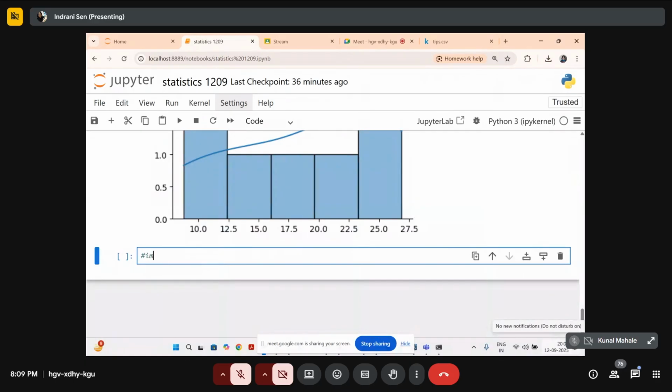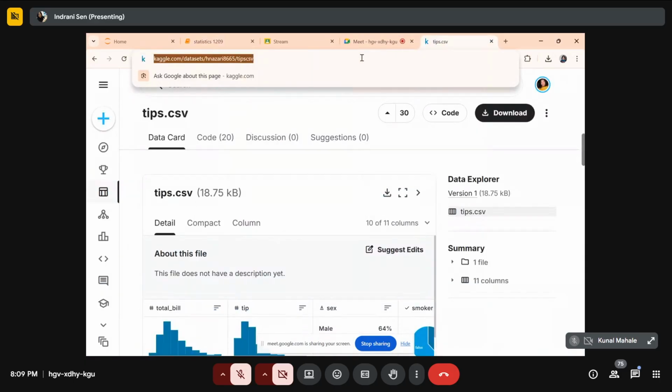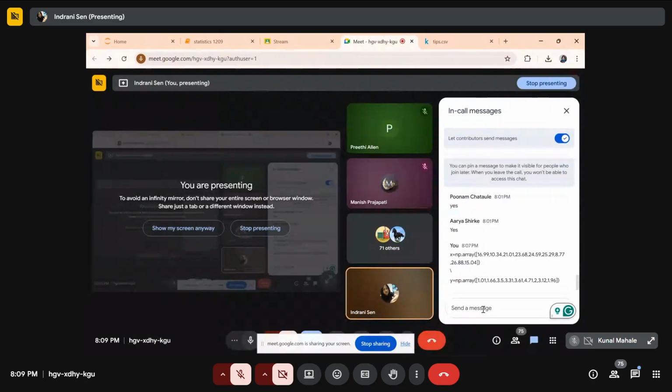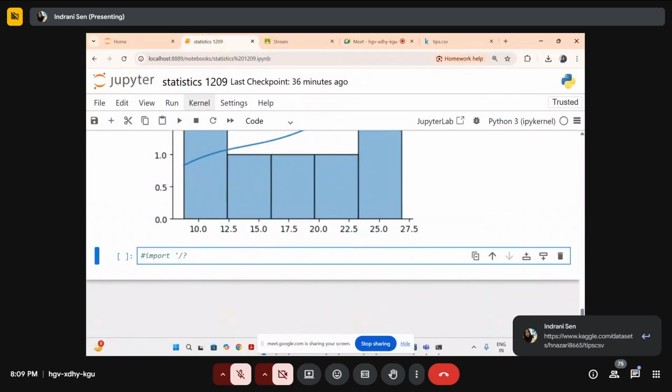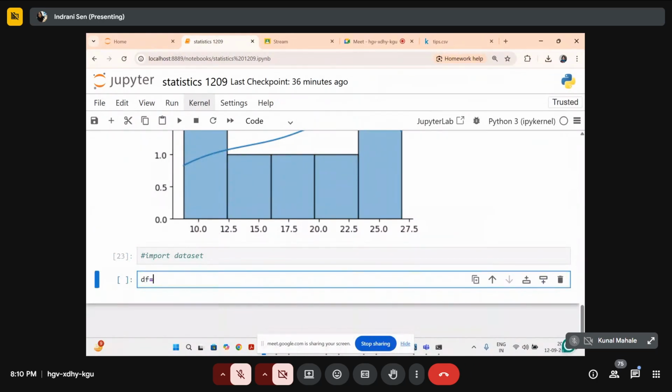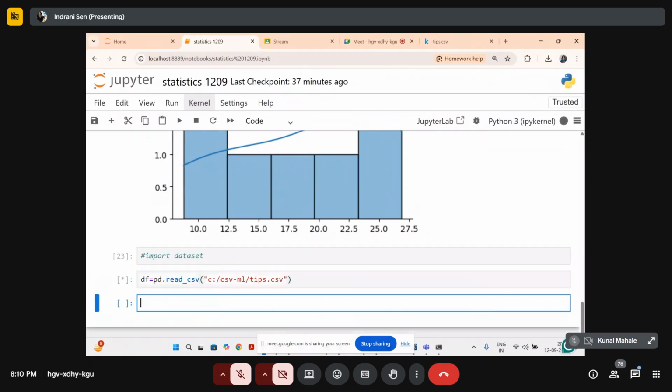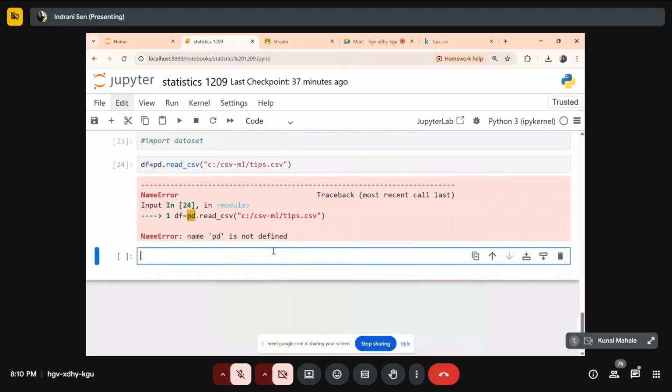So I'm just importing the data set here. I'm sharing this link in the meeting.